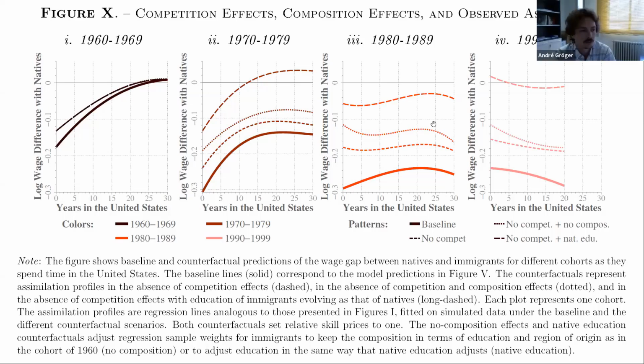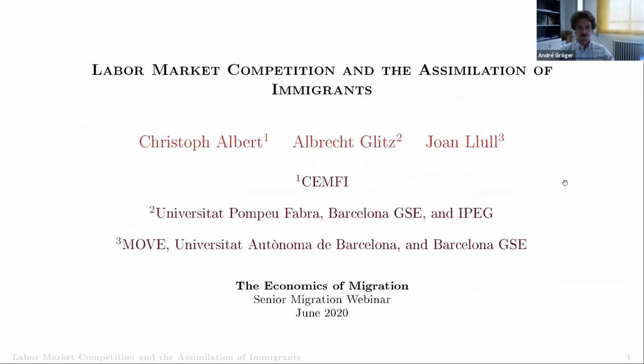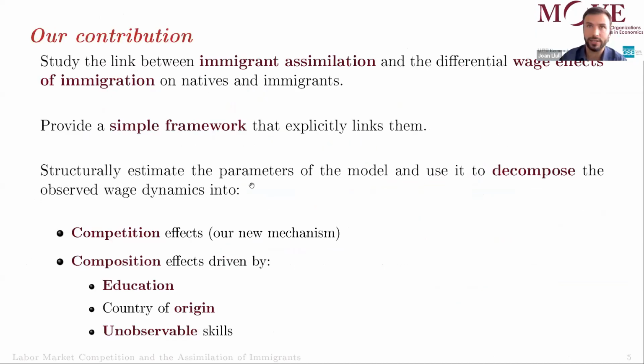Sorry, Joan? Yes? One question. How does the negative trend for the 90s cohort correspond to the raw data, or say the empirical evidence out there? This is exactly as in the raw data. You mean this decreasing thing? Yes. This you observe in the raw data already.